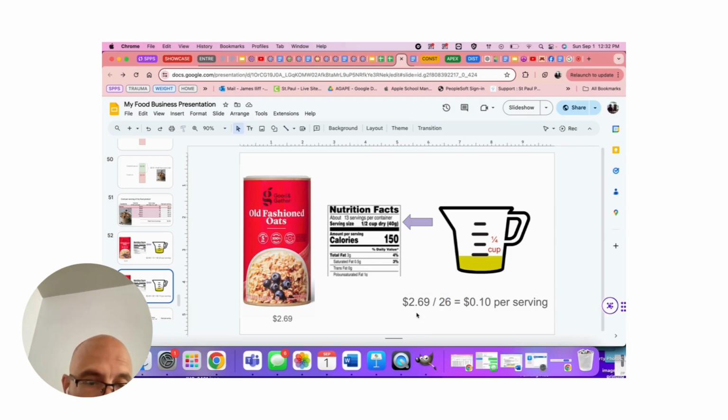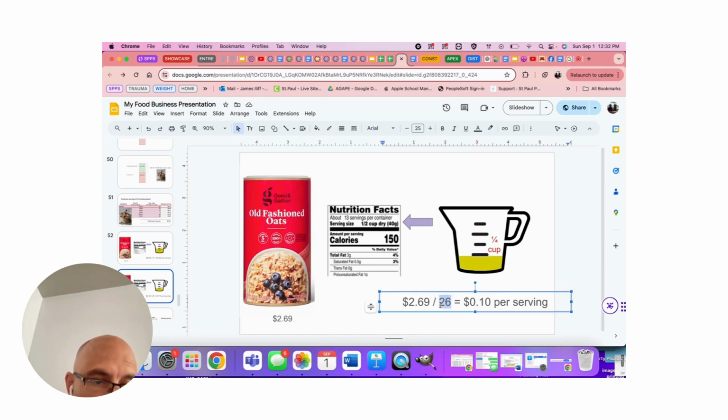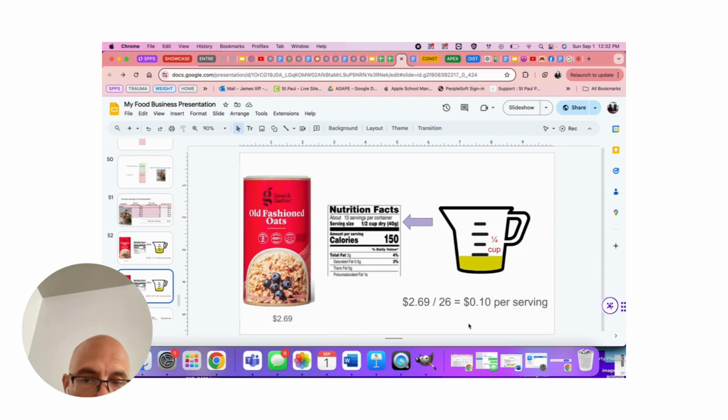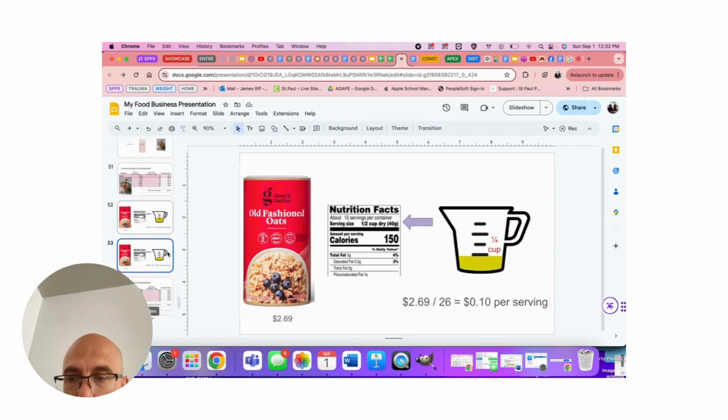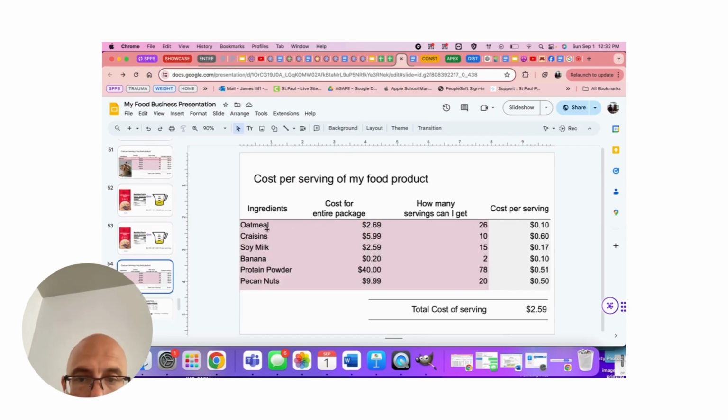And now the math is easy. I just take $2.69 divided by the number of servings I can get, 26, and that equals 10 cents per serving. Cool. So that's where I got this number. Oatmeal, $2.69. I can get 26 servings, and that's 10 cents.